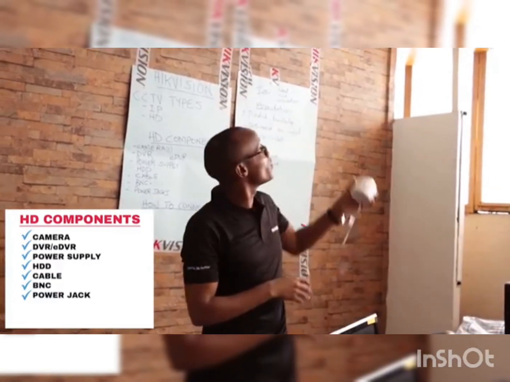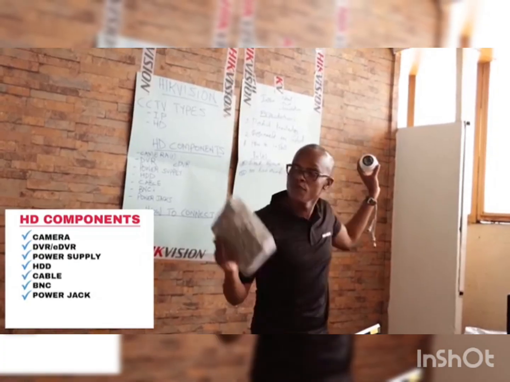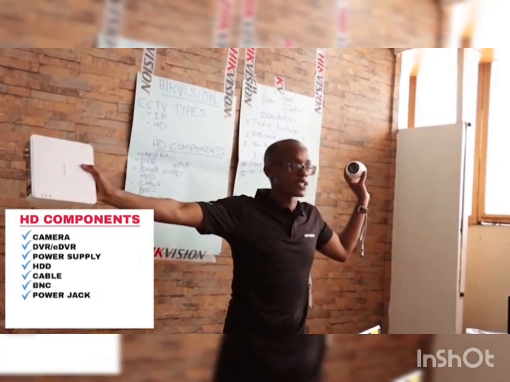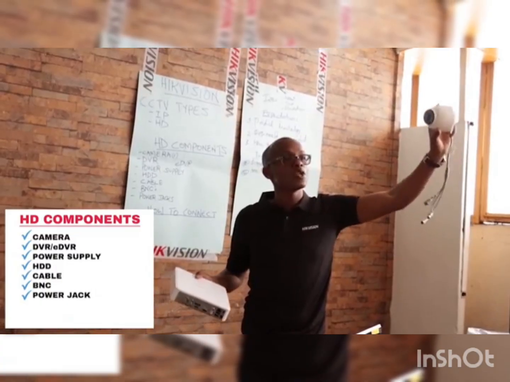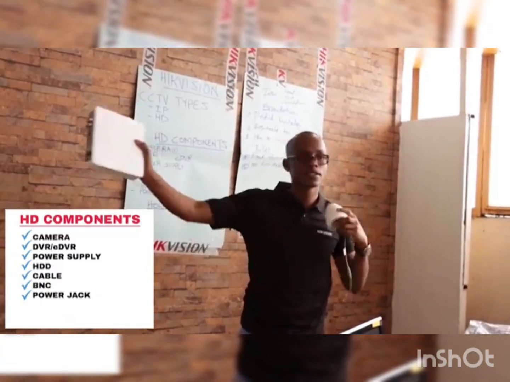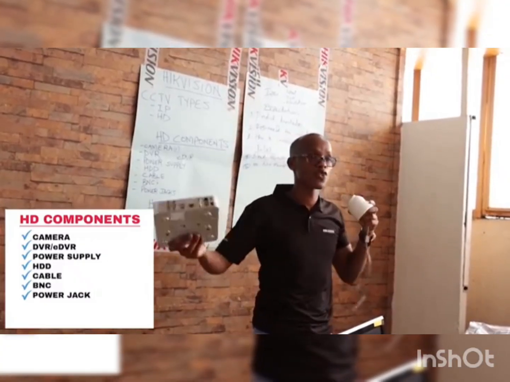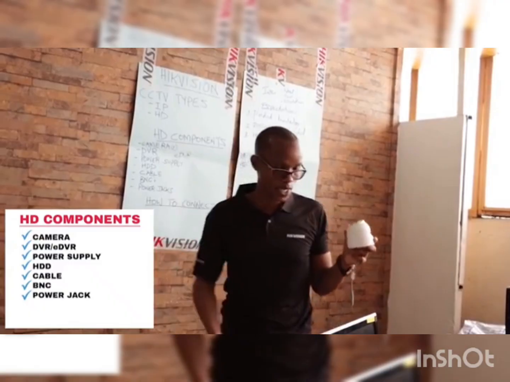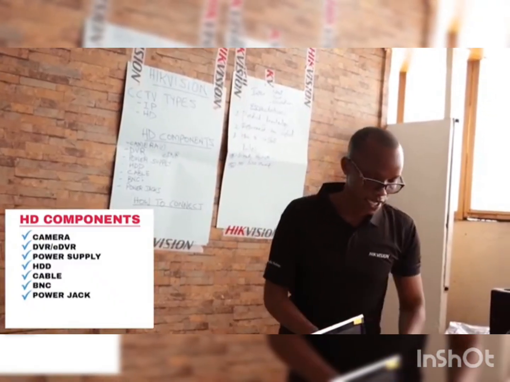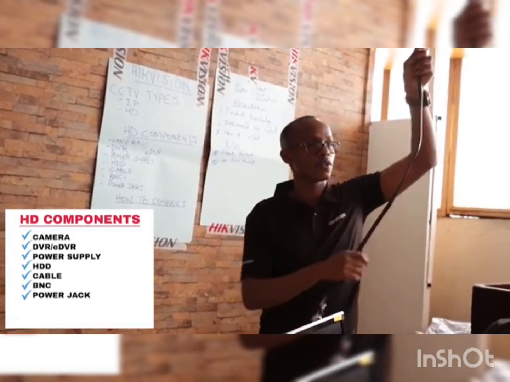You have this camera mounted in this corner. You have the DVR in the office. You have another camera at the gates. So you need a cable from the gates to the office, from the reception to the office, from another office to the main office where this gadget is connected. We said on the HD cameras, we use the coaxial cable.